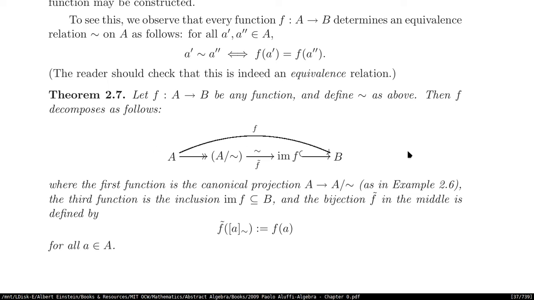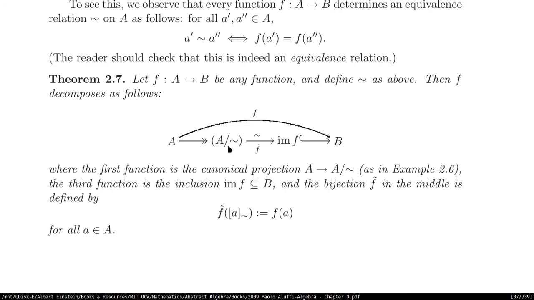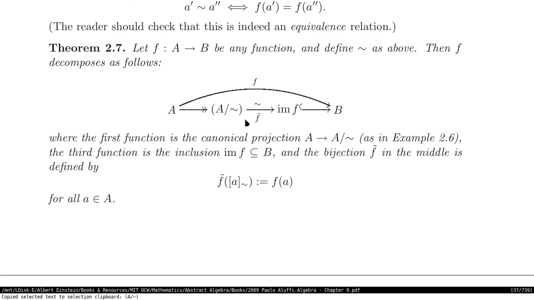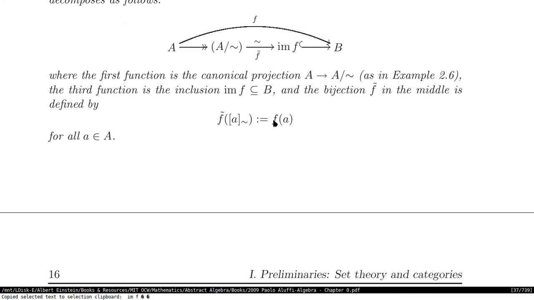Between these two sets you have f tilde, which is actually a bijection. It takes these equivalence classes and gives you the images f of a that you need.